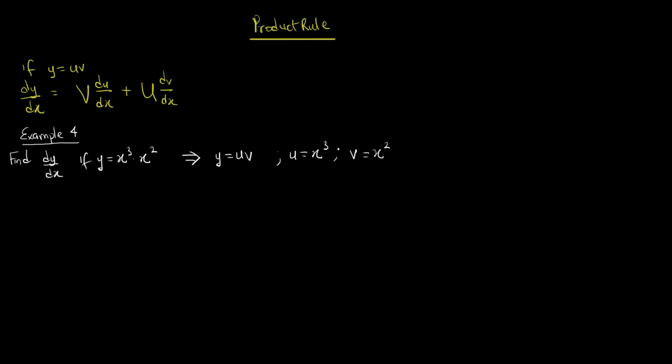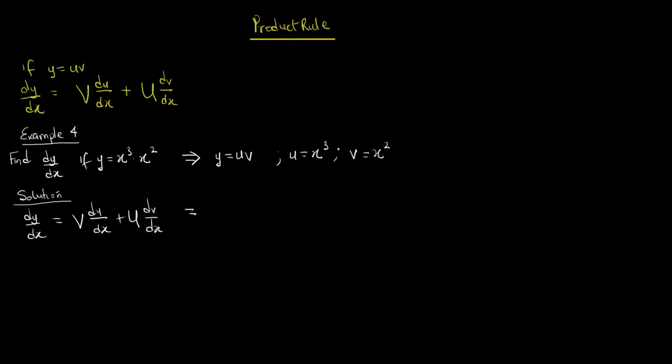Okay, if we know this now, let's see if we can differentiate that function. So my dy dx is going to be equal to, again, we're applying the product rule, v du dx plus u dv dx. If we do that correctly, what are we going to get?